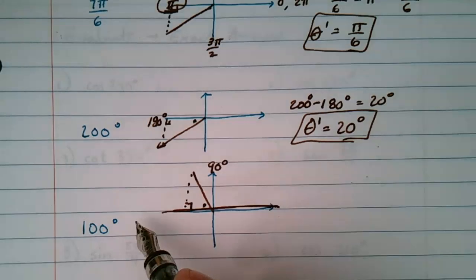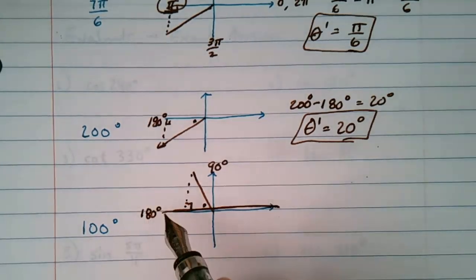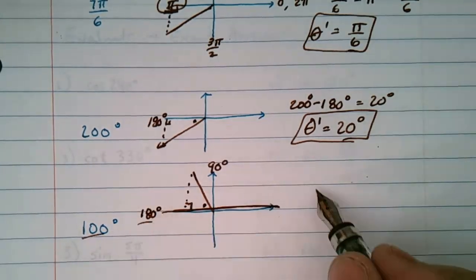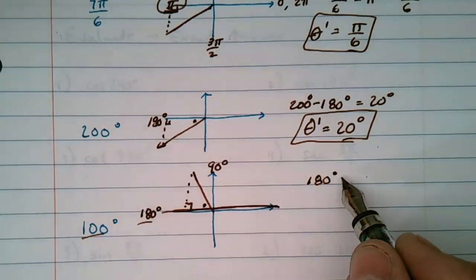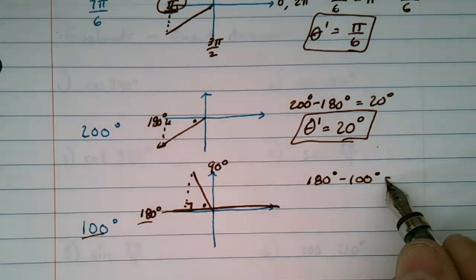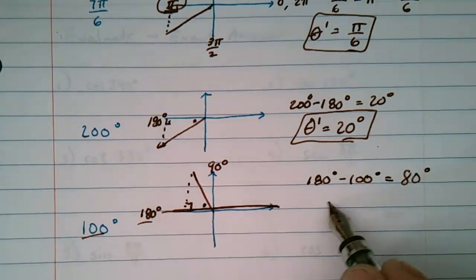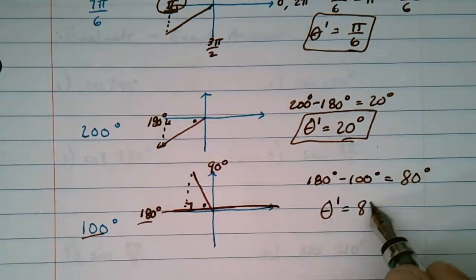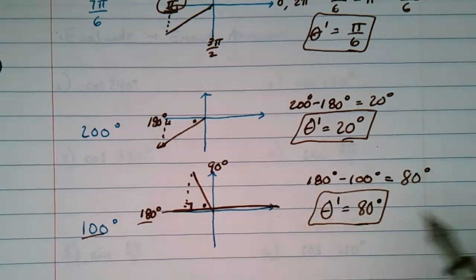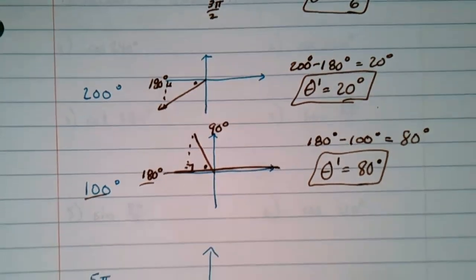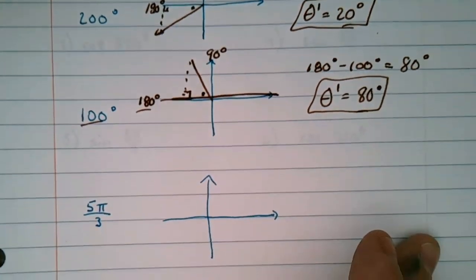Well, what have you got? Your nearest x-axis is 180. So make an equation with those two. You've got 180 minus 100, and you get 80 degrees. Theta prime is 80 degrees. Okay, 80 degrees. Cool.